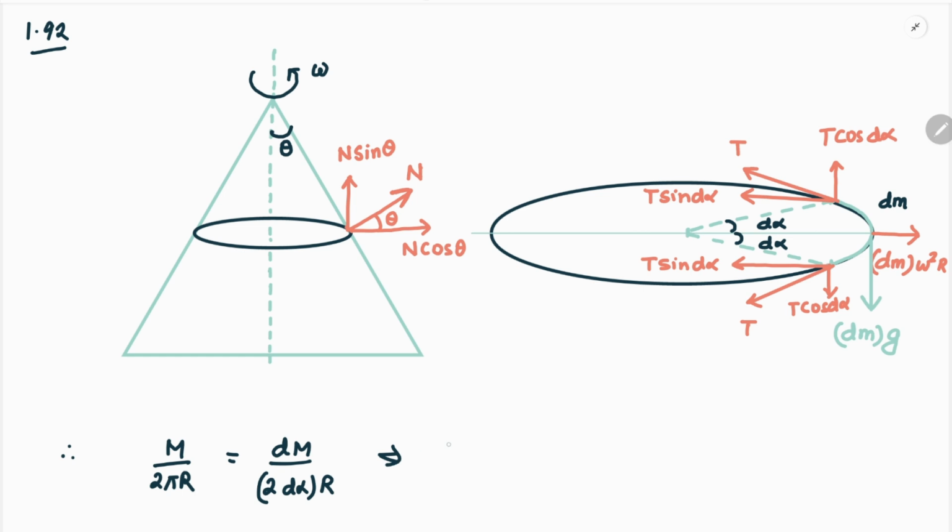Therefore, from here we can write that the mass dm is equal to m by pi d alpha. So this is the value of dm that we have.